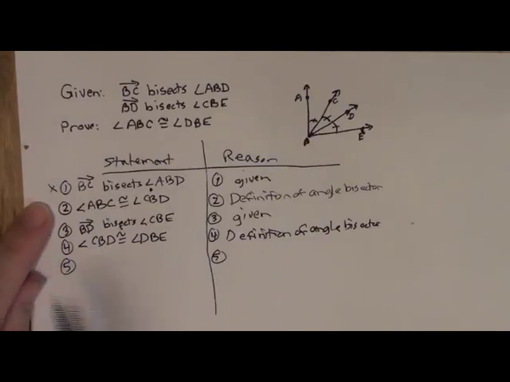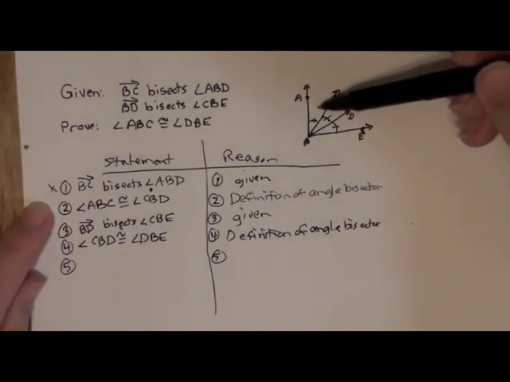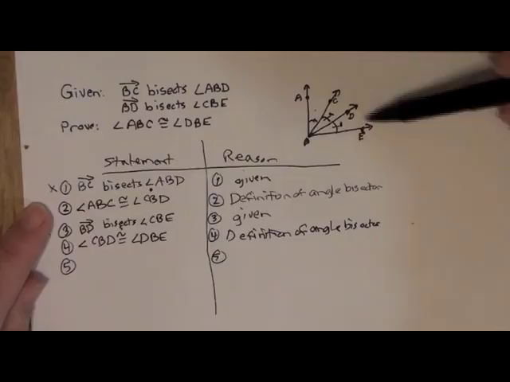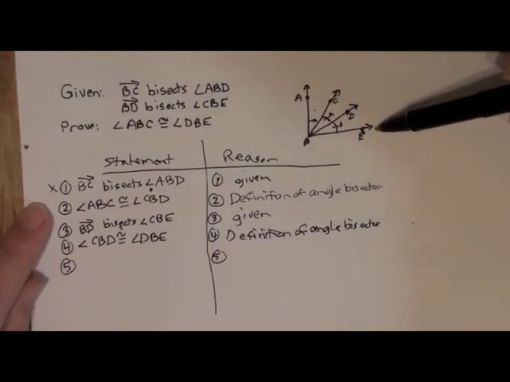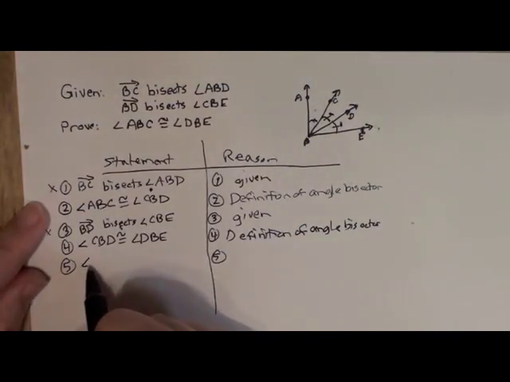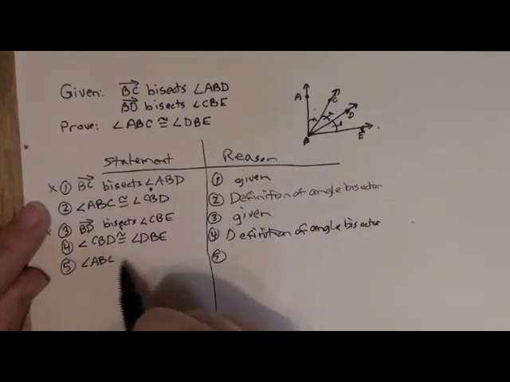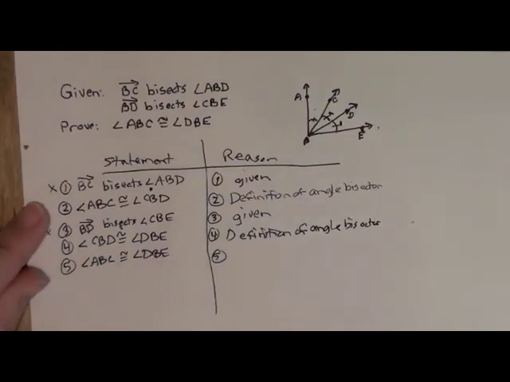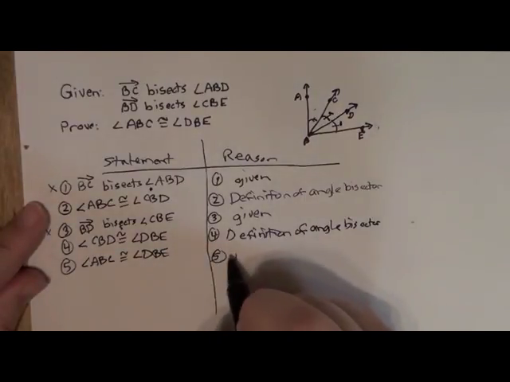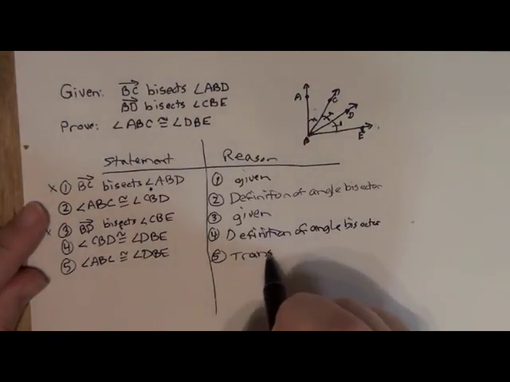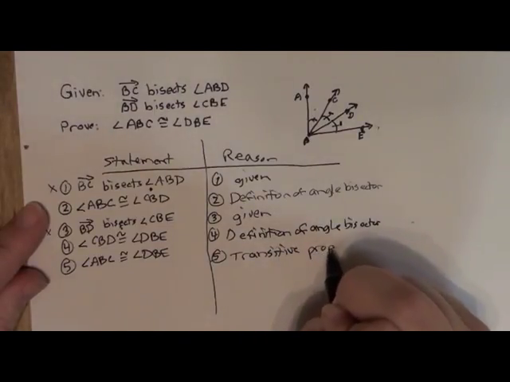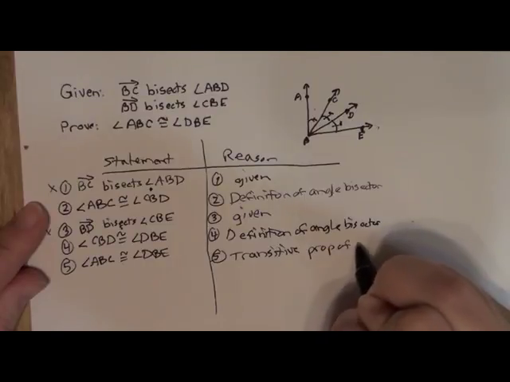What that means is that if these two angles are congruent, but these two angles are congruent also, angle ABC has to be congruent to DBE. Angle ABC has to be congruent to angle DBE. And the reason for that is the transitive property of equality, of congruency.